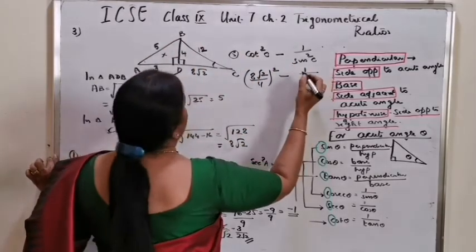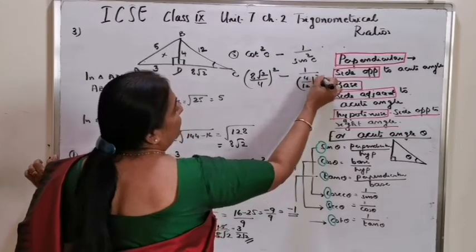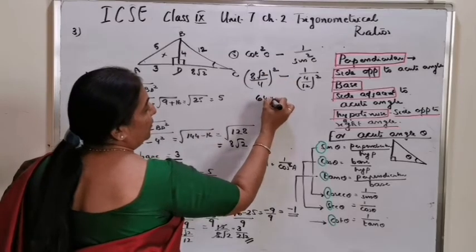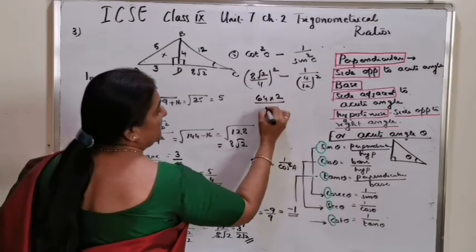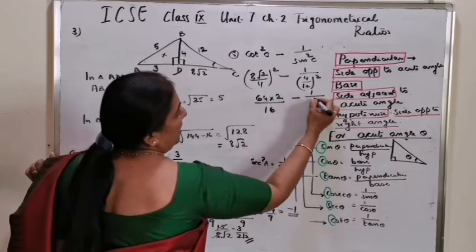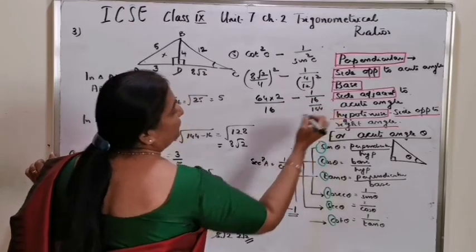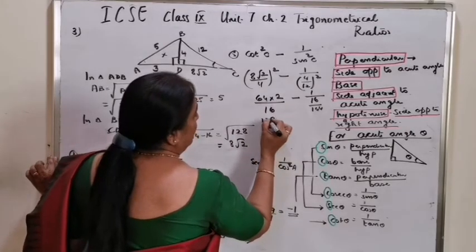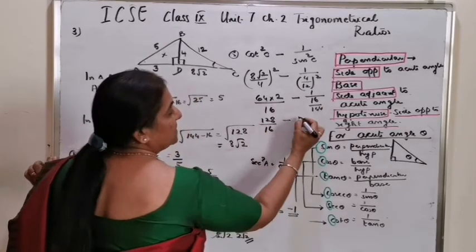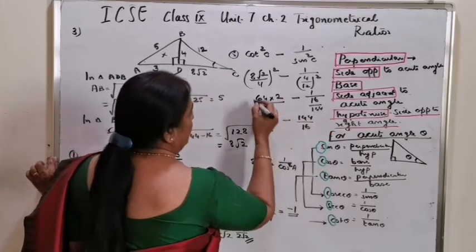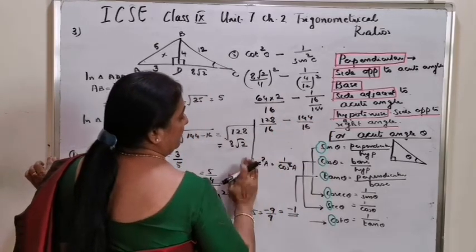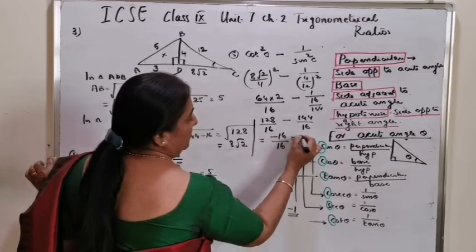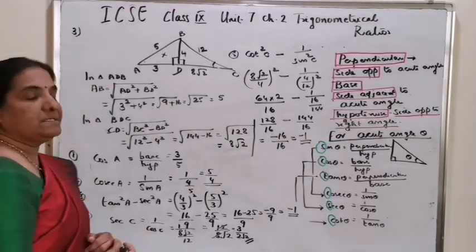So it is 8 square is 64 into root 2 square is 2, by 16, minus 1 by 4 by 12 the whole square, which is 144 by 16. 128 by 16 minus 144 by 16 is the same as minus 16 by 16, so again the answer is minus 1.